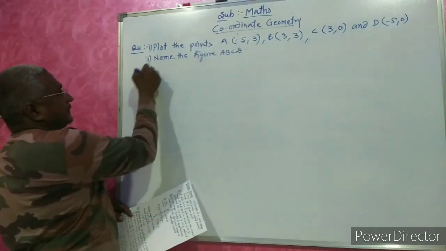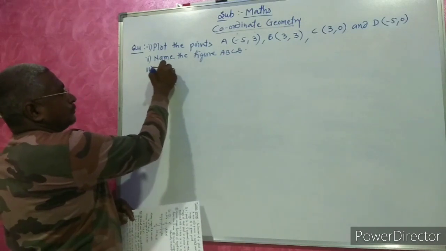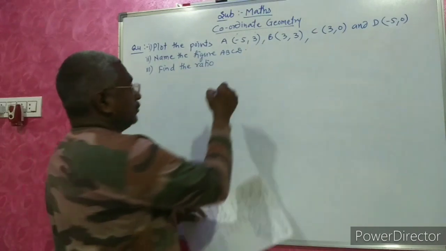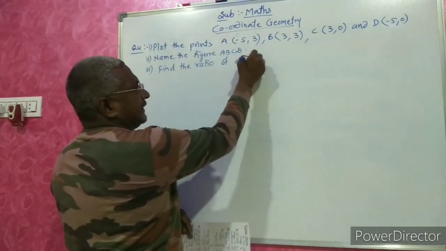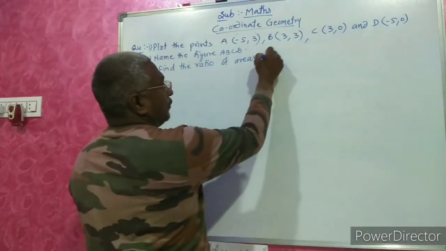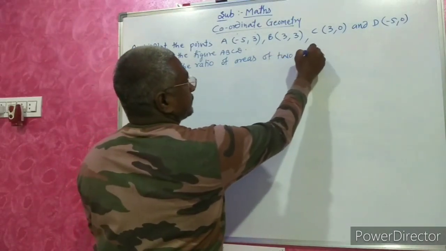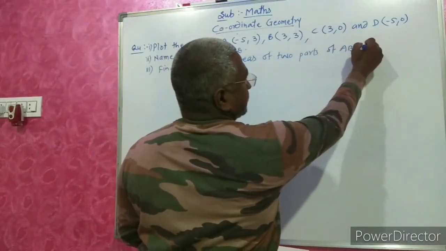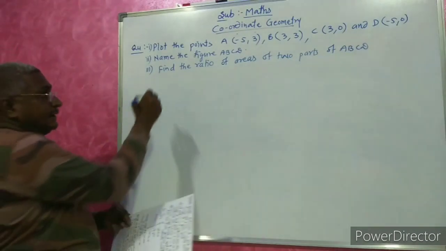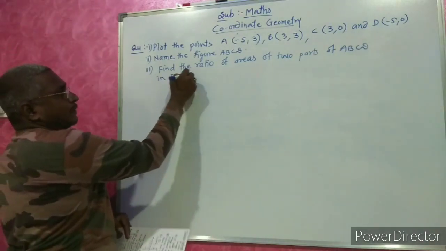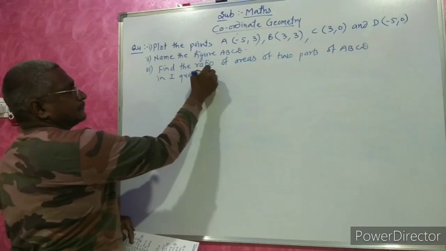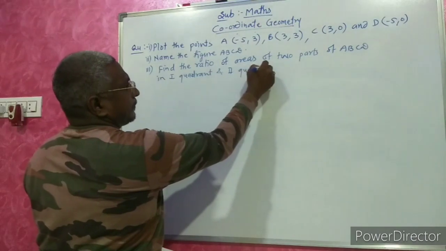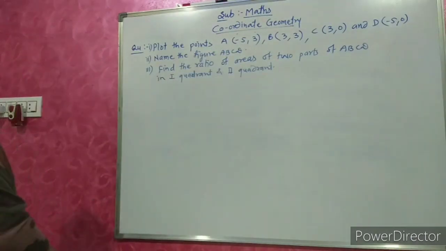And third, find the ratio of areas of the two parts of ABCD in the first quadrant and second quadrant. So like that question is there.